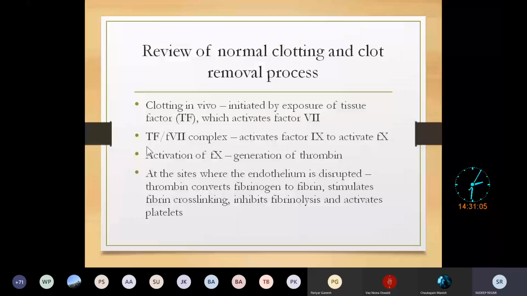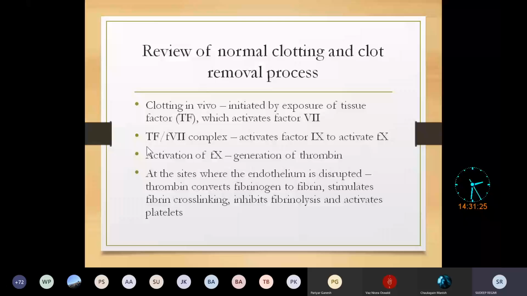Okay, and at the area of the injury, there should not be fibrinolysis. So fibrinolysis is inhibited. Otherwise, there will be dissolution of the clot. So there should not be dissolution of the clot.